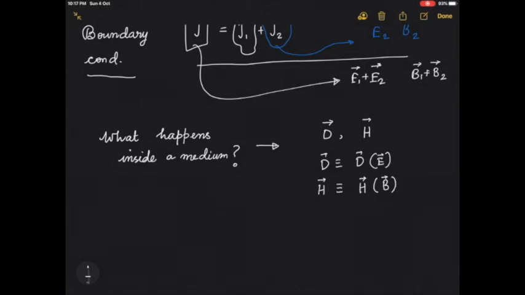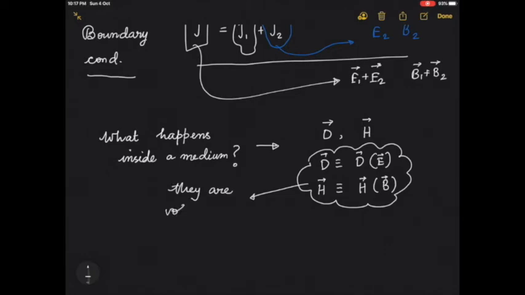Now it turns out, or you must have already learned, that these quantities D and H are not fields, they are volume average quantities. What do I mean by that?